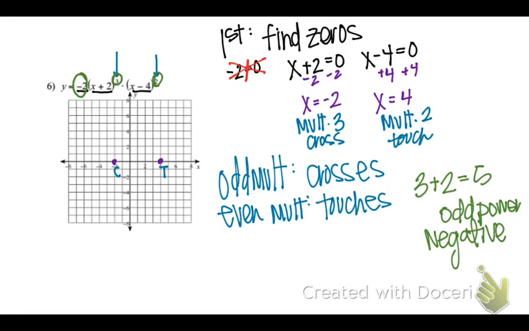If we go back to that chart over there, odd means they're going opposite directions. Negative means that the right side of this is ending down. So my end behavior is going to look like this. Then I can draw this. It starts up, it crosses there, comes up and it touches, and then it goes down.